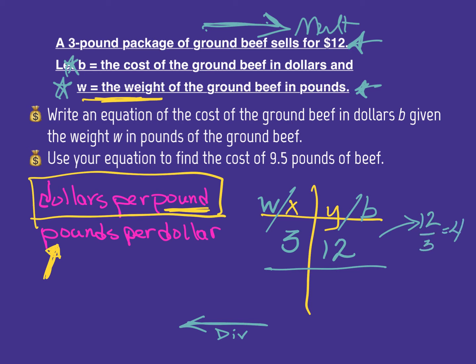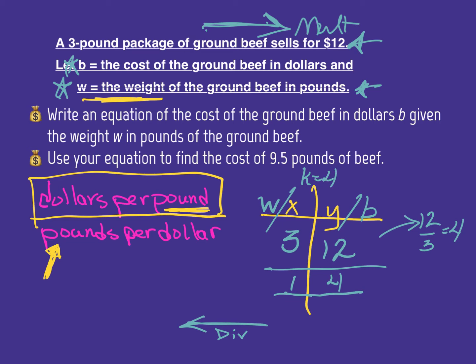Hopefully you know it was 4. If you're unsure, use a calculator. So that is per 1. So I'm going to put 4 under here. So that's $4 per 1 pound. Remember, that's also my constant of proportionality, which is K. I'm going to write that in the middle so that I don't forget.